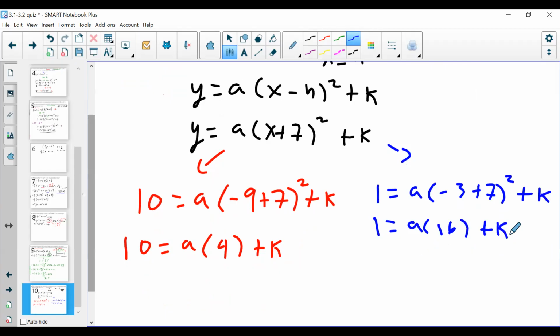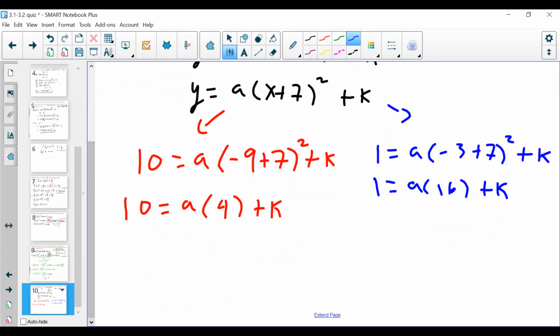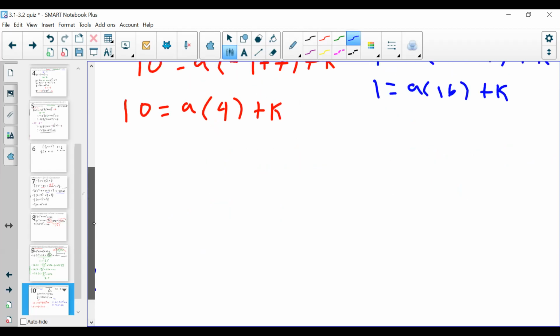So they gave me 2 points, and I'll put them both into my equation so I can have 2 new equations. And both these 2 new equations are going to help me solve for my 2 unknowns, right? If I have 2 unknowns, I need 2 equations to solve for them both. So from here, I'm going to make a system of equations.